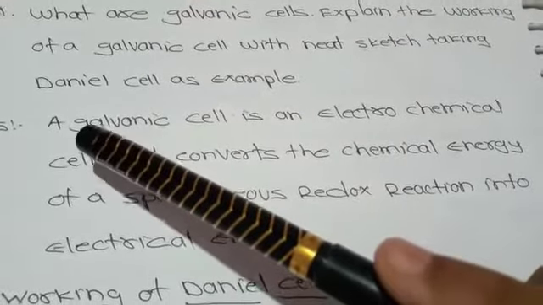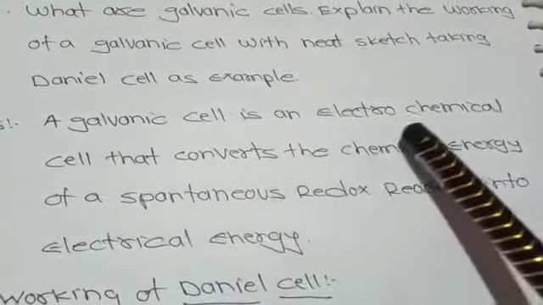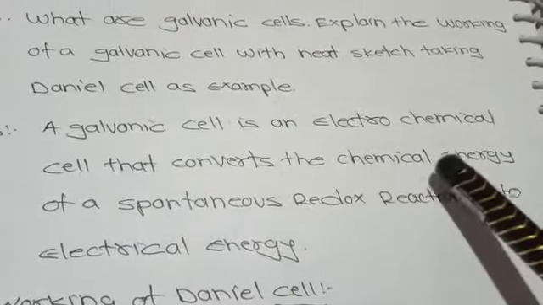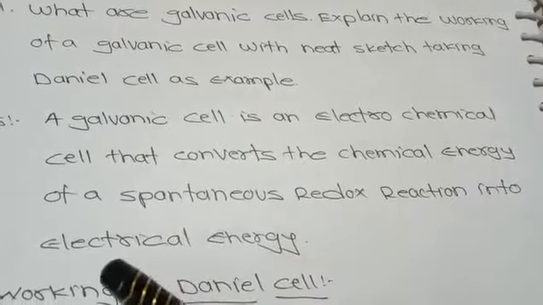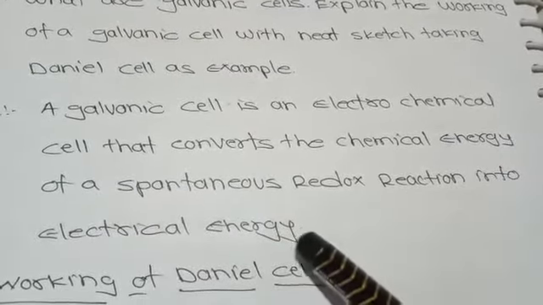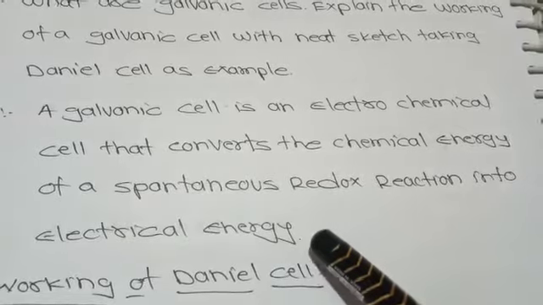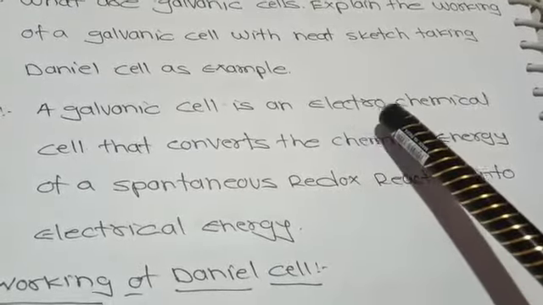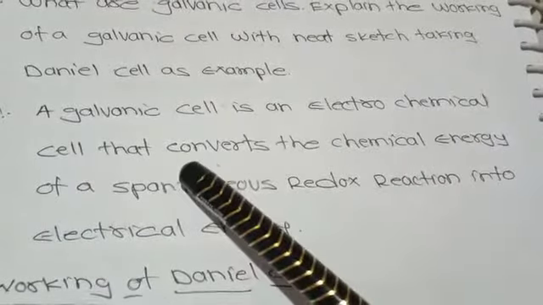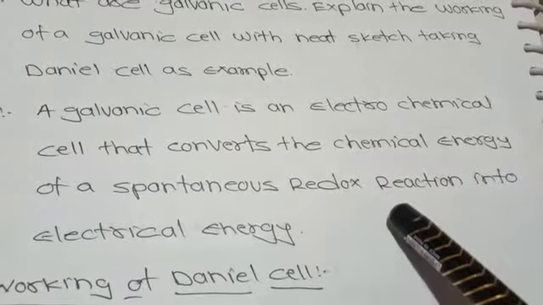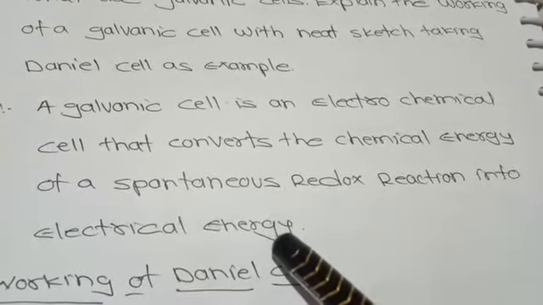Here I have the definition: a galvanic cell is an electrochemical cell that converts the chemical energy of a spontaneous redox reaction into electrical energy. Right, clear with this definition? What is it trying to say here? A galvanic cell is an electrochemical cell which converts the chemical energy of a redox reaction into electrical energy.